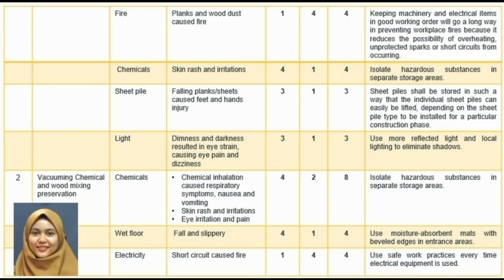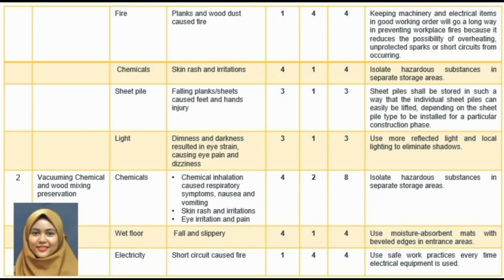For the fire, the effect is planks and wood dust cause fire. The risk assessment is 1, 4, 4. The action is keeping machinery and electrical items in good working order will go a long way in preventing workplace fires because it reduces the possibility of overheating, unprotected sparks, or short circuits from occurring.